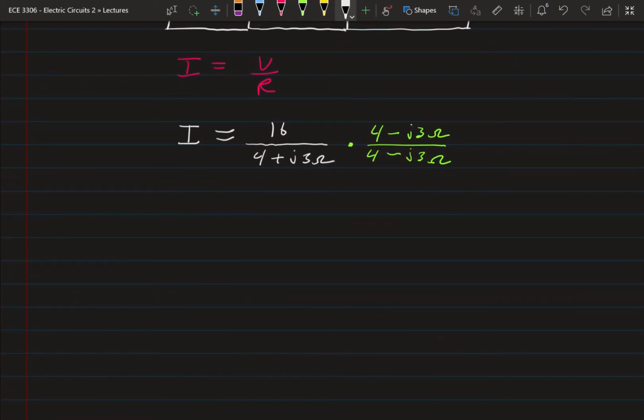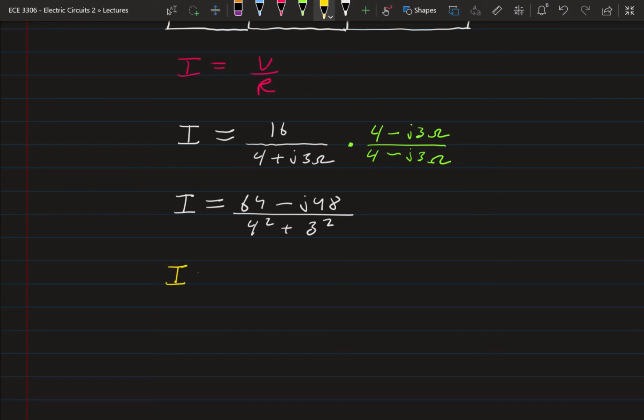And that'll get us I equal to 16 times 4, which is 64, minus 16 times 3, so minus j48, all of that over 4 squared plus 3 squared.